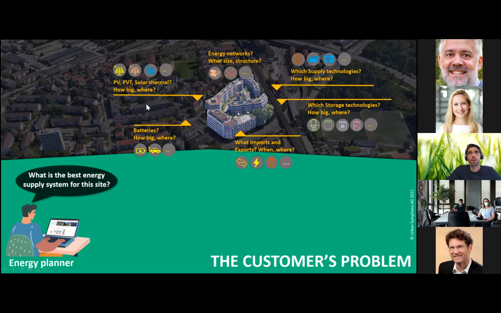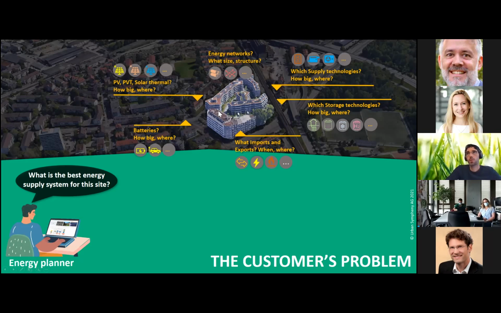This includes solar energy, groundwater, geothermal energy, river or lake water. It's a big range, and it depends on the characteristics of the site, what the contribution of each may be. Then you have storage technologies, obviously batteries, but also seasonal storages like borehole thermal storages, like hydrogen storages or ice storages that can also be used.